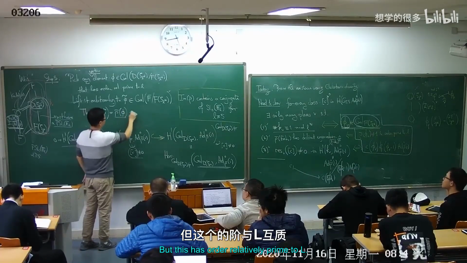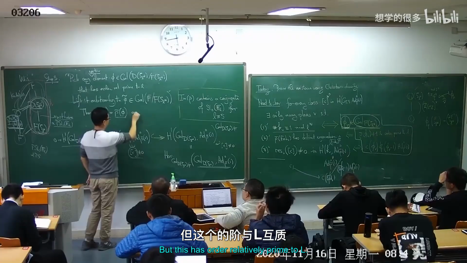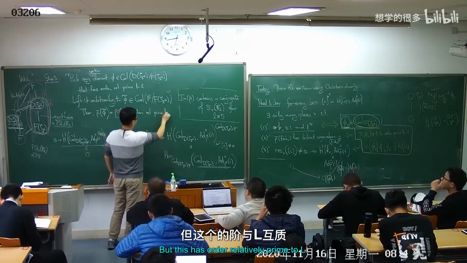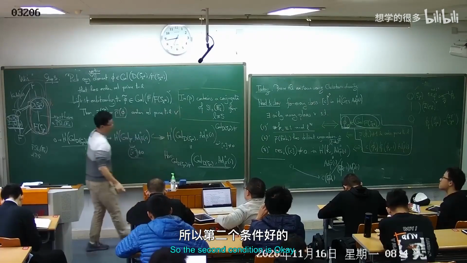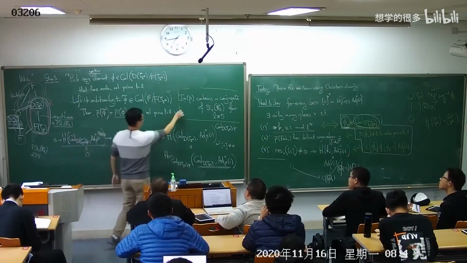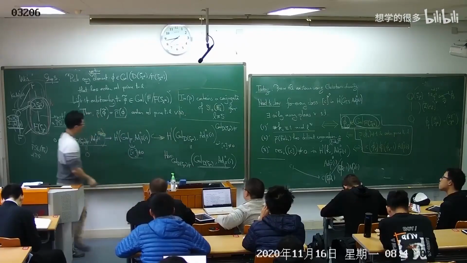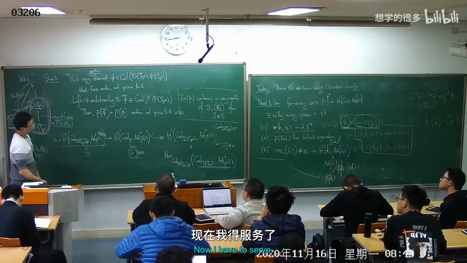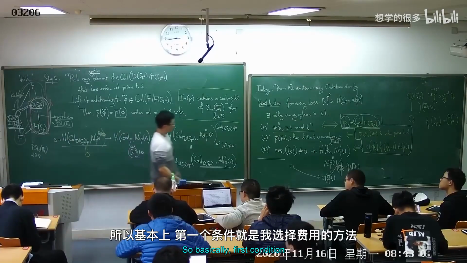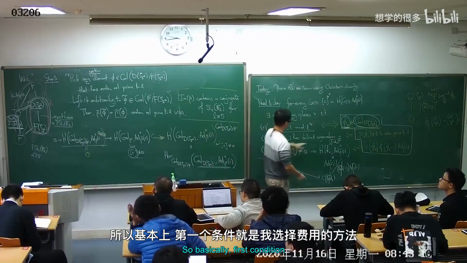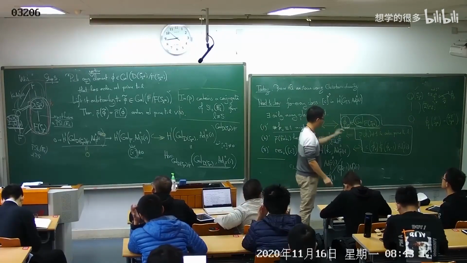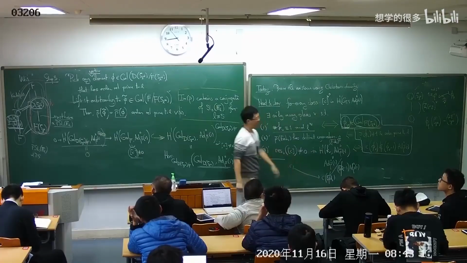But this has order relatively prime to L, so the second condition is okay. So basically, the first condition is already done by how I choose my phi, and the second condition is done. So I have to worry about the third condition.